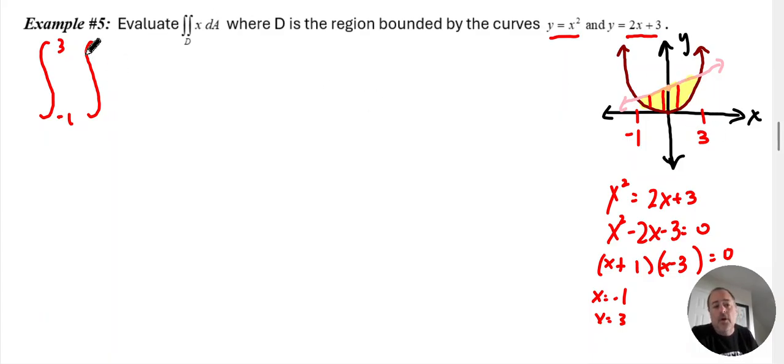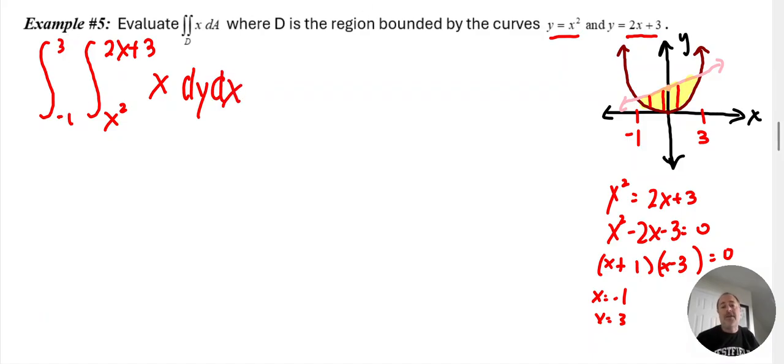Our top curve is the line 2x plus 3, and our bottom curve is x squared. Again, a friendly reminder: when you're doing these setup problems, the outer bound is always going to be constants and the functions are going to be on the inside. We keep the function x, and remember we did this with respect to y, so these are y equations, and this is x equals 3 and x equals -1.